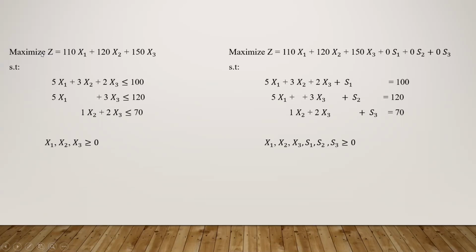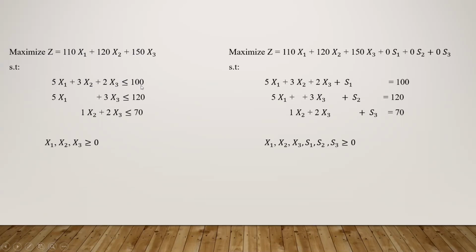So it will be z equals minus 110 x1 minus 120 x2 minus 150 x3. For the constraints, you multiply both sides by negative, so this changes into more or equal, and the quantity will be negative.